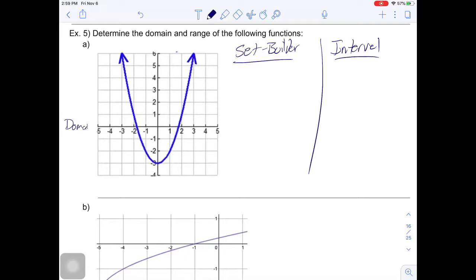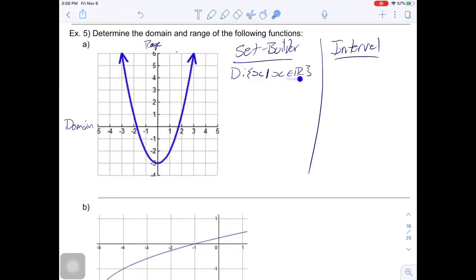Remember, the domain is the horizontal axis, and the range is your vertical axis. As we can see here, our domain, x can be any number because it's going to keep going to the left and the right. So here, this is actually pretty simple to state the domain. So the domain is my x variables, and x is just going to be any number.